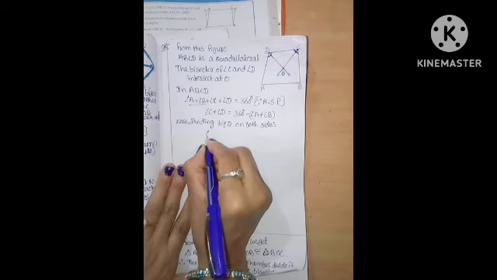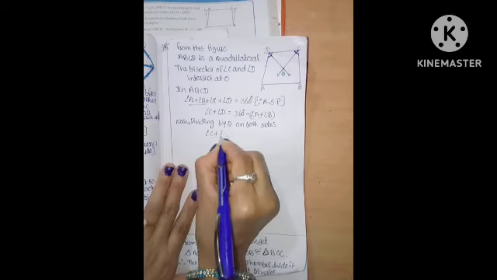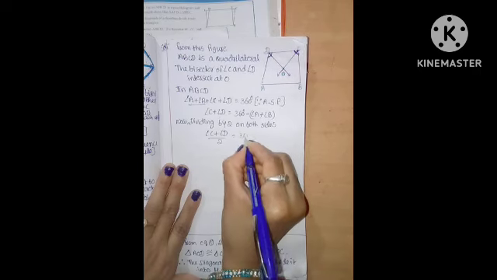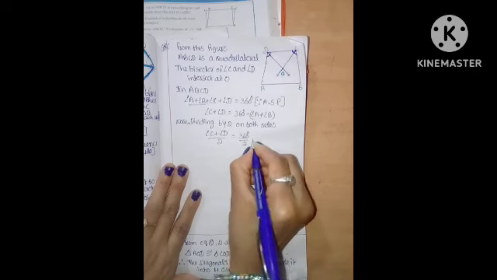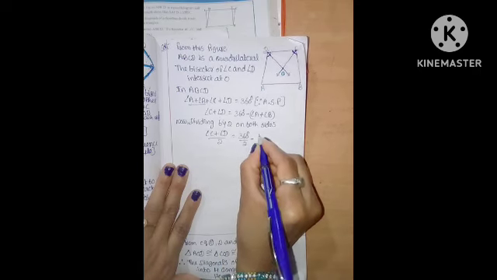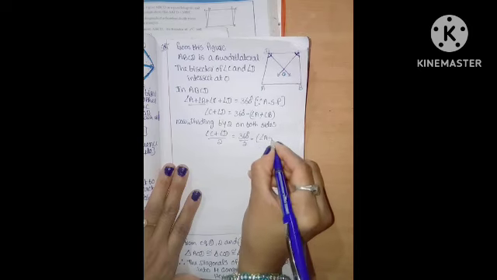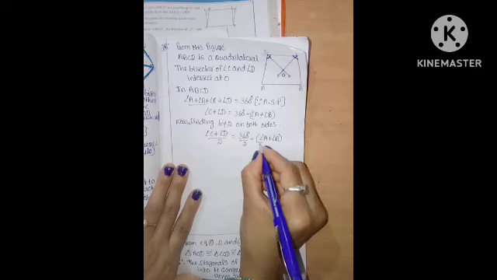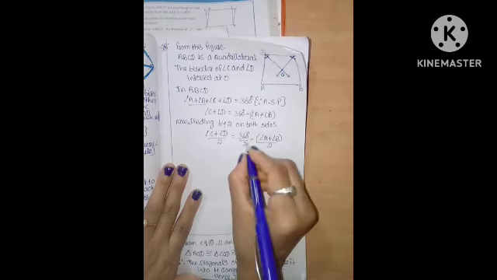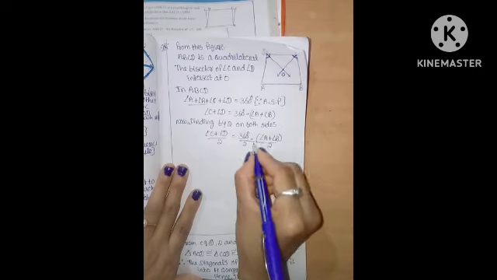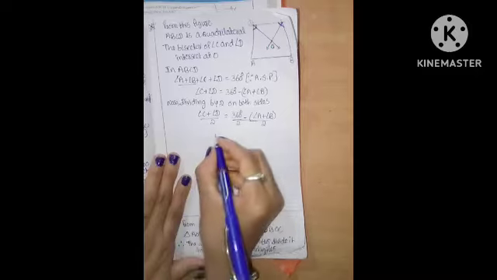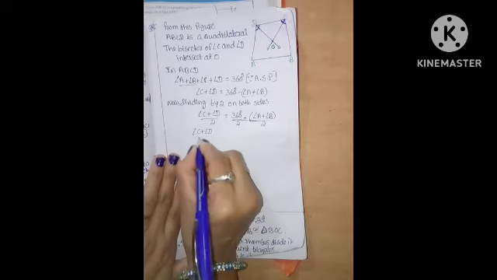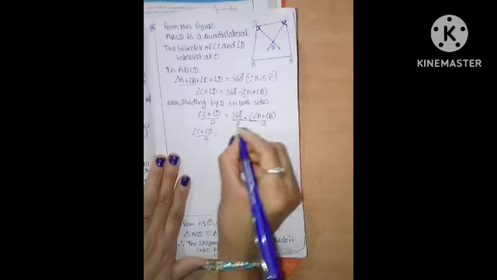So angle C plus angle D by 2 is equal to 360 degrees by 2 minus angle A plus angle B by 2. Here 2 is common, so write it individually.